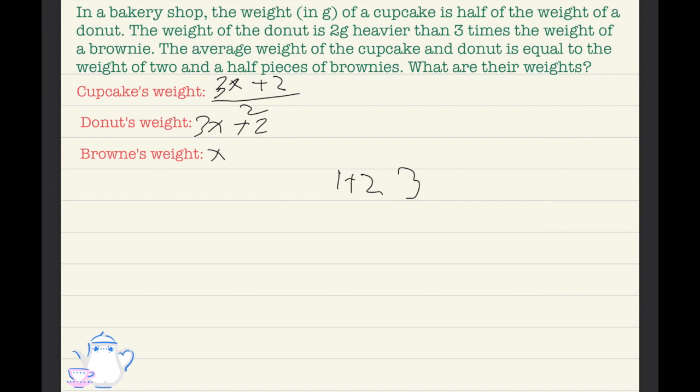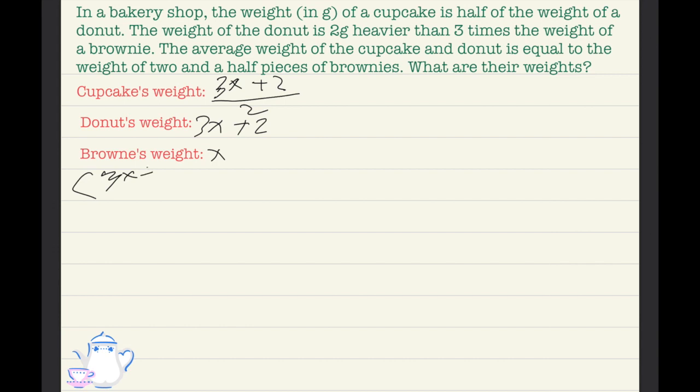We add them together, put them in brackets, like they're in jail, and then divide by how many numbers there are, and then it equals something. The average weight of the cupcake and donut: the cupcake and donut are these two guys. They're being put in pastry jail right now.